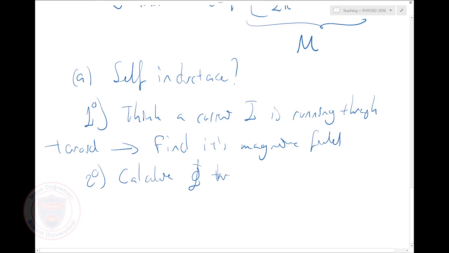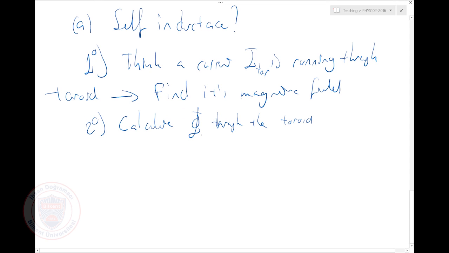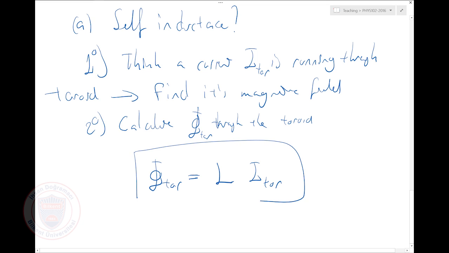And secondly, calculate phi through the toroid. So let me call this I toroid. That's all I need to do. Let's do it. It's going to be very quick.